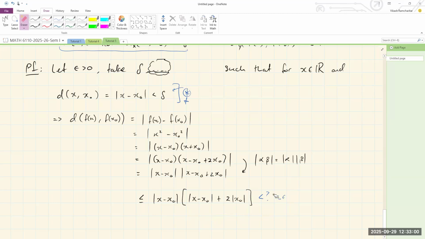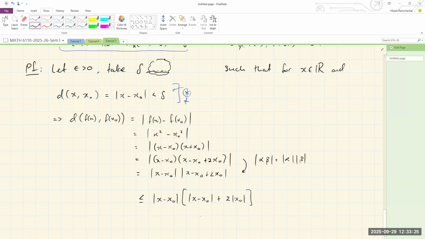But there is a way that we could do this, by a clever choice of delta. We could essentially break it up into two cases. So I could say if modulus of x minus x0 is less than 1. Why 1?